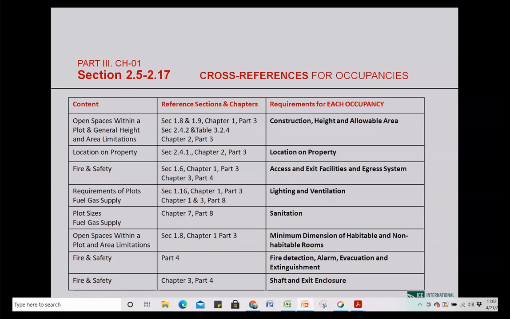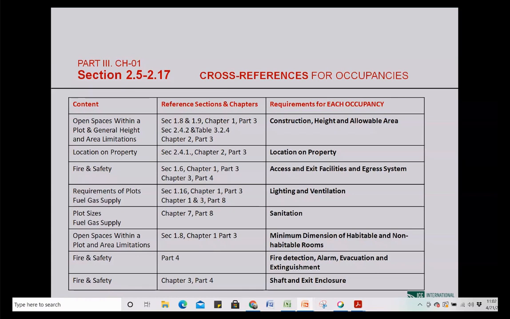In the next slides, when we go through the other occupancies, we will skip some of the common referencing points, because already in occupancy classification A, we have discussed them in more or less detail. So we will skip the common referencing elements and try to focus on the specific requirements of that particular occupancy.